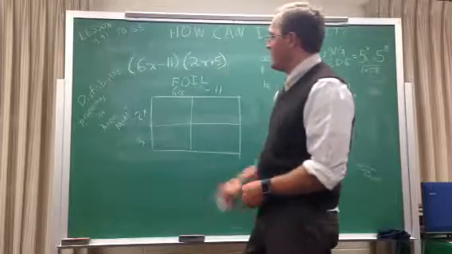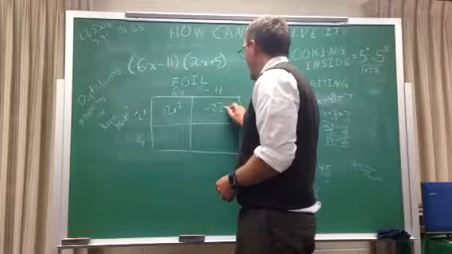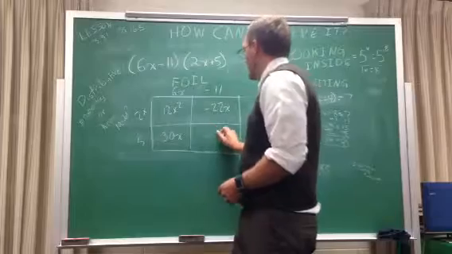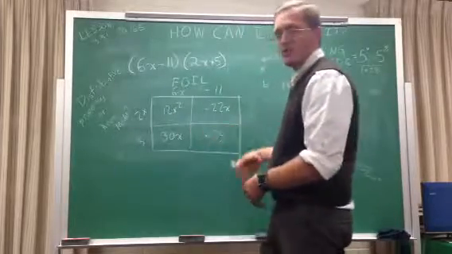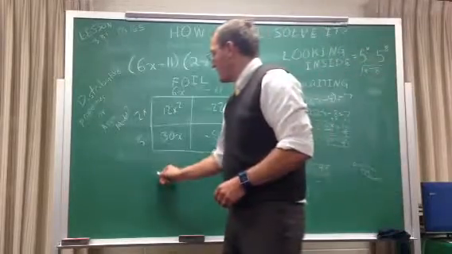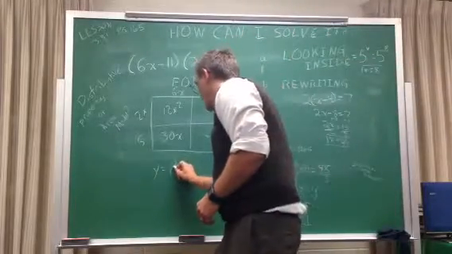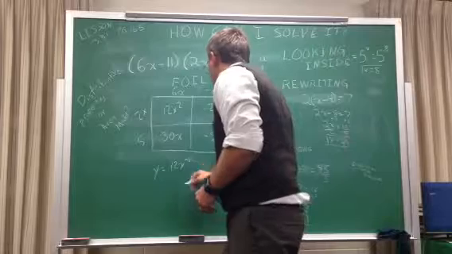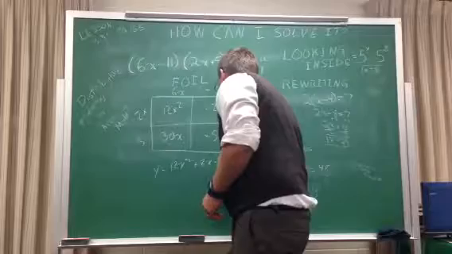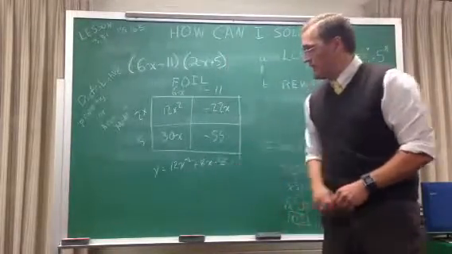And then we're able to tie these together, and by doing this, we are able to get these individual parts, and then we can bring these parts together and have it in standard form, where we could have y equals 12x squared plus 8x minus 55. And so now we've moved from factored form to standard form.